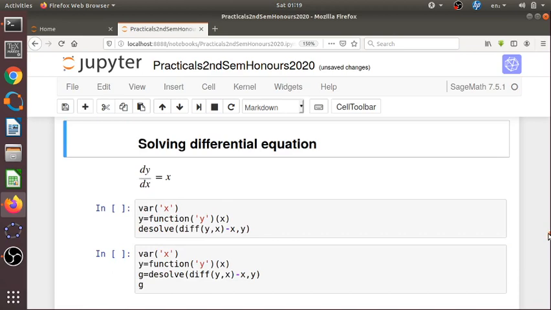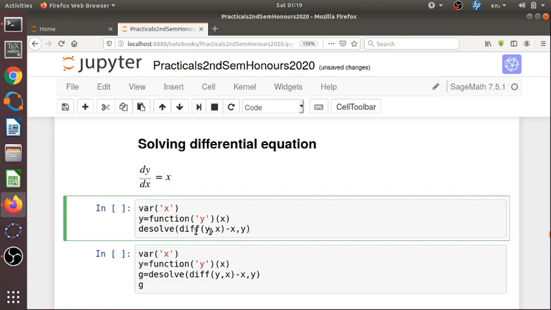So how do we solve differential equations? In Sage Math it's quite simple. We start by defining the independent variable: var, within quotation marks x. Then we let Sage Math know that y is a function of x, so we write y equal to function, and within single quotes the name of the function, y, and it's a function of x.